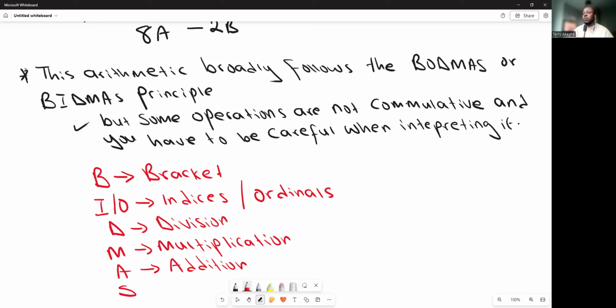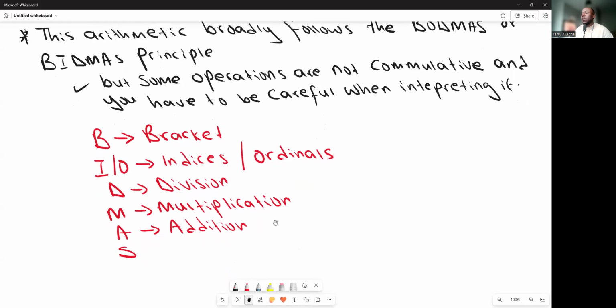And the S is going to be for what? Subtraction. Okay, so this is the BIDMAS. So the way we do this, and that's the same way we then solve.